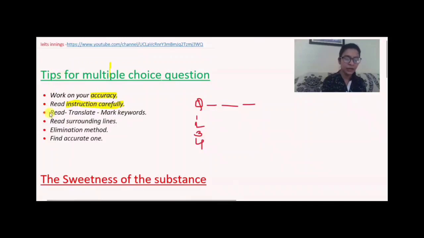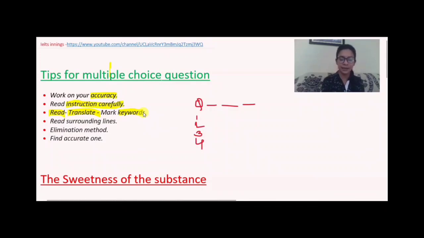We need to read the statement first, read it thoroughly, then translate it into your mother tongue. Then mark the keywords. Always read the question first, then translate it into your mother tongue.